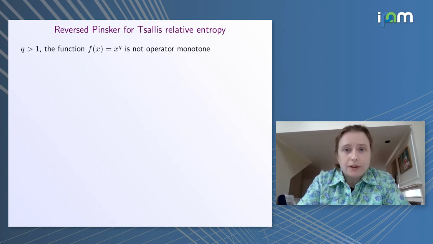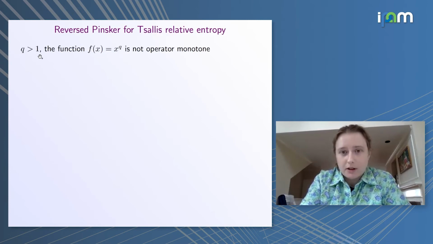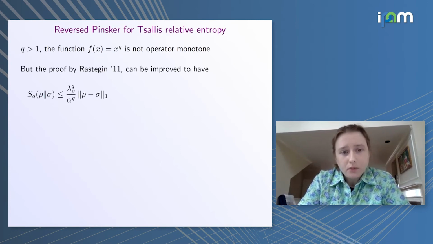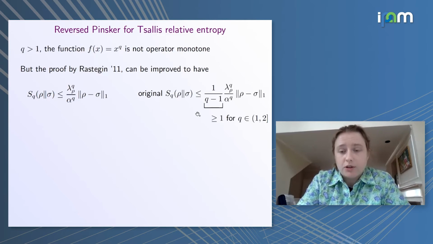For Tsallis relative entropy, the power function, when q is larger than 1, I cannot take that function because it's not operator monotone. But if you look at the original proof of Rastegin, that can be straight away improved without the constant. So you can get rid of this constant 1 over q minus 1, which is larger than 1 for q larger than 1.